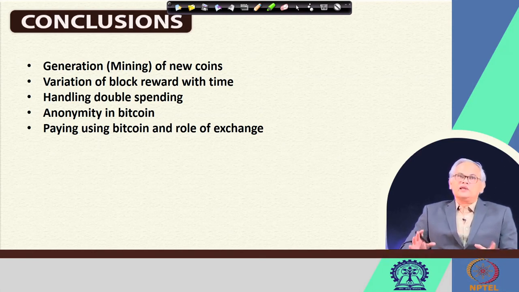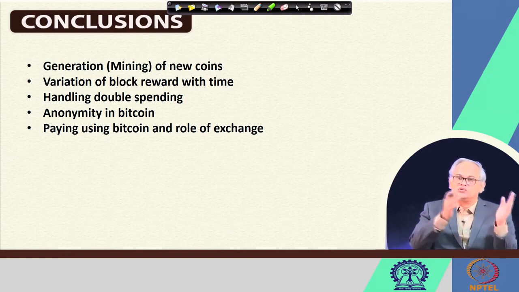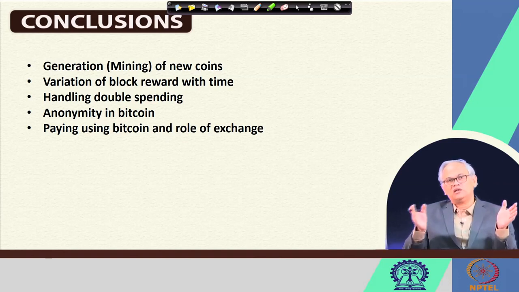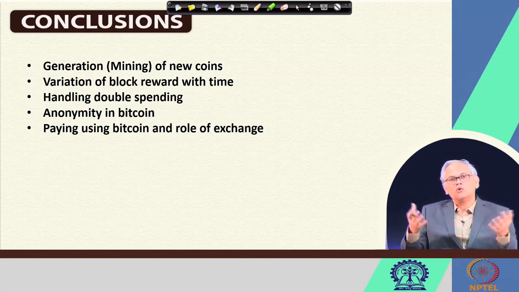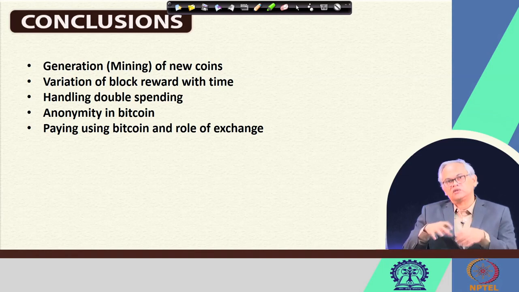To conclude today's lecture, we have understood the interesting concepts of how new coins are generated or mined as block rewards, how you started with 50 Bitcoins for block number 0, and how everything has been designed in a way that over a period of time the difficulty level is adjusted, and based on that the reward is also adjusted, so that there is not an inflow of a very large number of Bitcoins in circulation.